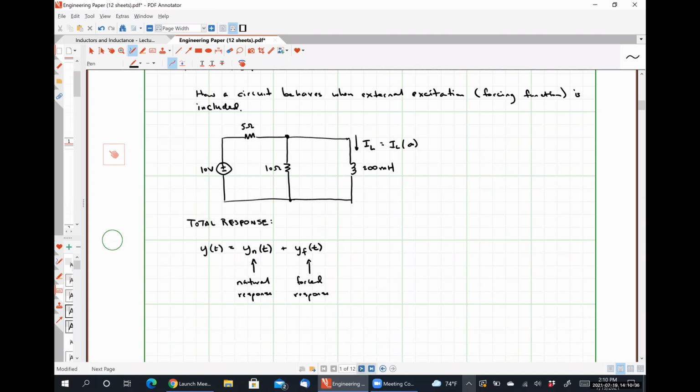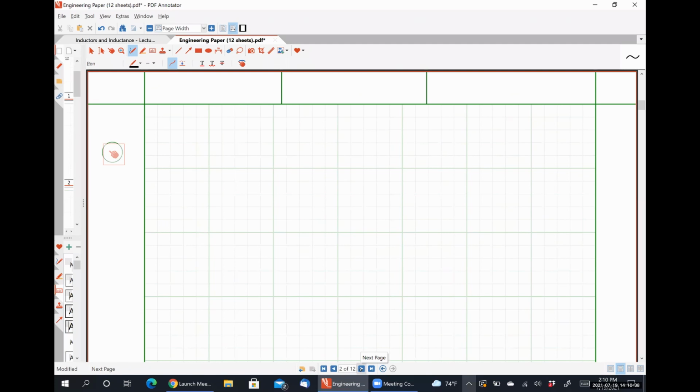So I'd like to take a look at an example problem. Let's say that we have some current, let's call it 2 amps. We have a 5-ohm resistor, like so.